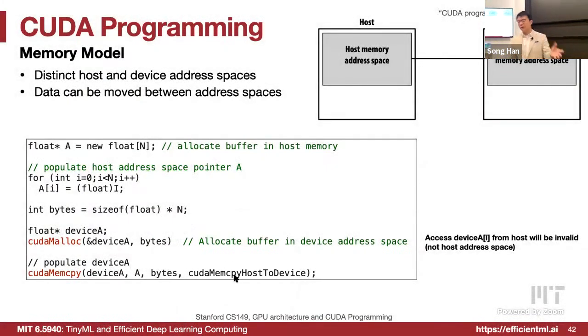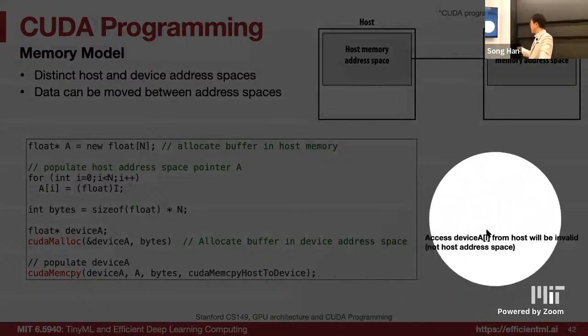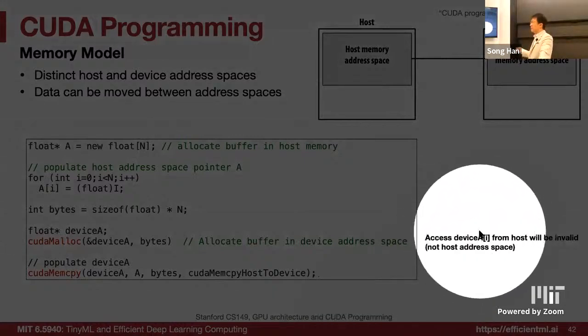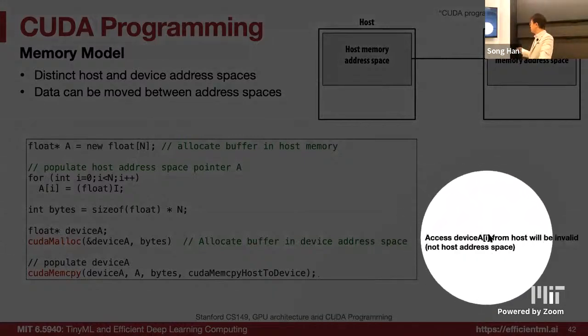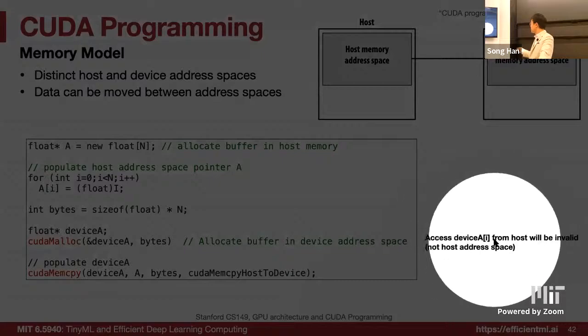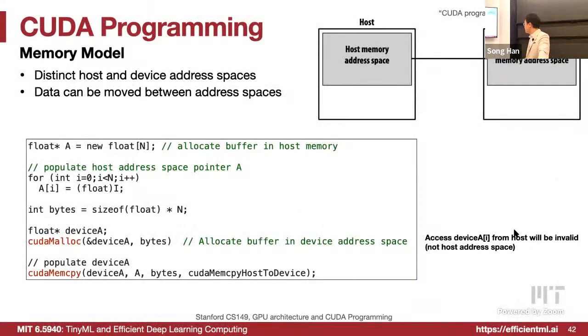We allocate the buffer in the device and then copy the data back and forth between the host and the device. However, we cannot directly access the value in the address space of the GPU. So accessing device A from the host will be invalid, because device A is not in the host address space, but is in the device address space.